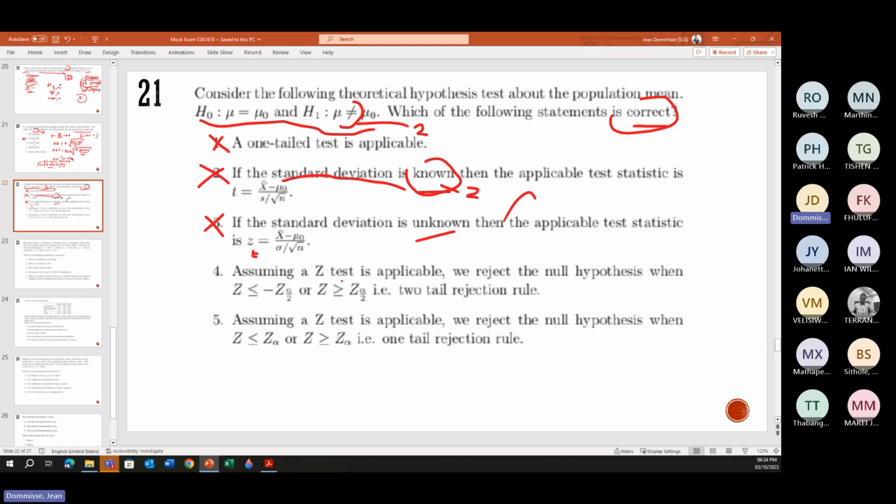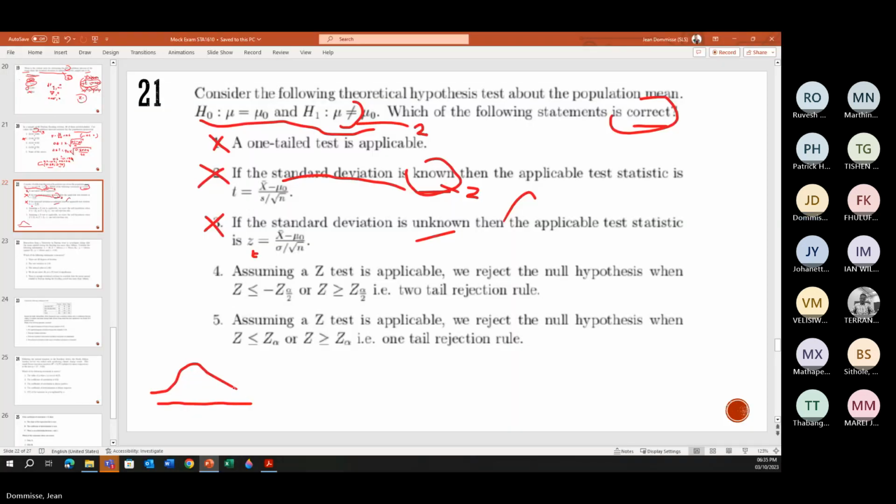Assuming a Z test is applicable, we reject the null hypothesis when Z is smaller or equal to minus the critical Z, or Z is bigger or equal to the critical Z, i.e. the two-tail rejection rule. Okay, so let's draw that one.